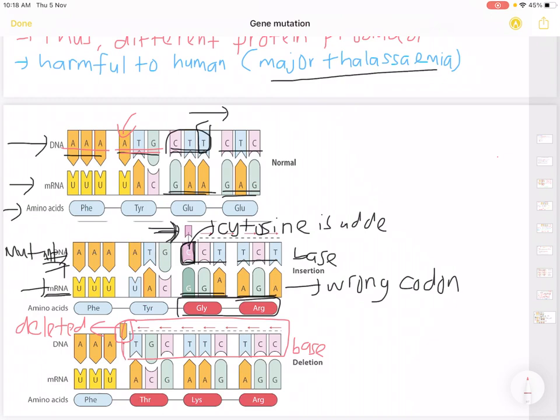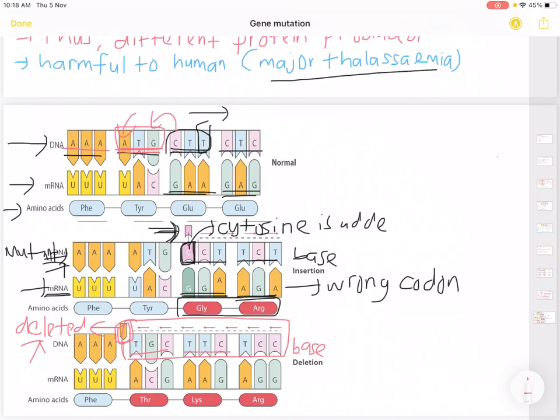Dia akan tukarkan keseluruhan bacaan pada DNA sequence starting daripada base yang kita delete tadi. So, instead of kita dapat ATG pada second reading, disebabkan kita buang adenine tadi, this cytosine akan bergerak untuk lengkapkan triplet bases. So, kita akan baca TGC instead of ATG.